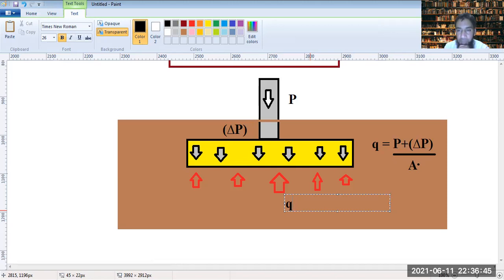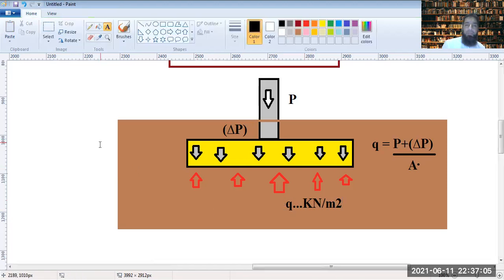Its units would be kilonewton per meter square, so it's over a unit area of 1 meter square.